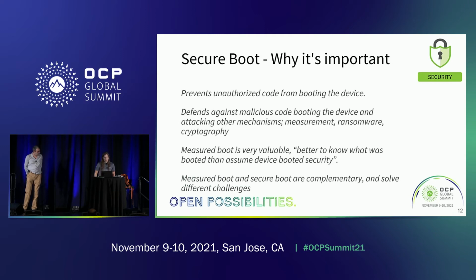So why is it important? As I mentioned, it prevents unauthorized code from booting on a device, and that defends against a raft of attacks. If you can prevent malicious code from executing on a device, you can prevent things like attacks on other security mechanisms in the device, ransomware, where some malicious code could load in the device and take control of it.